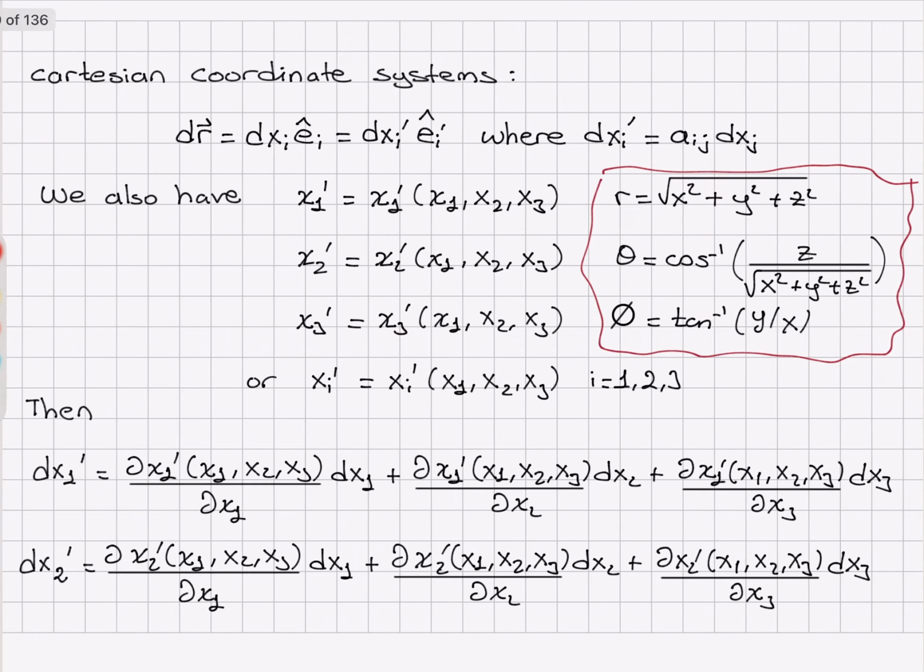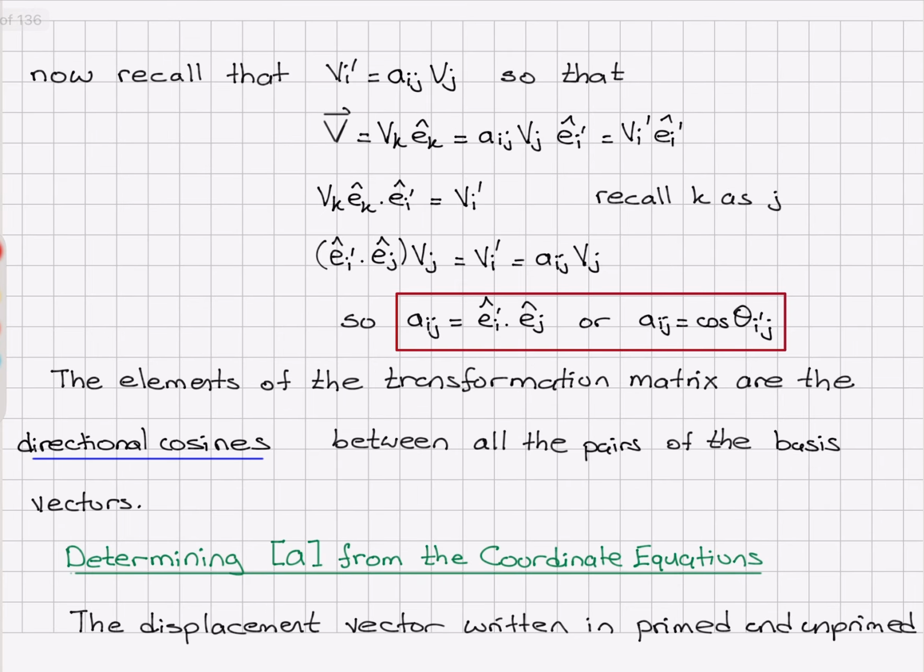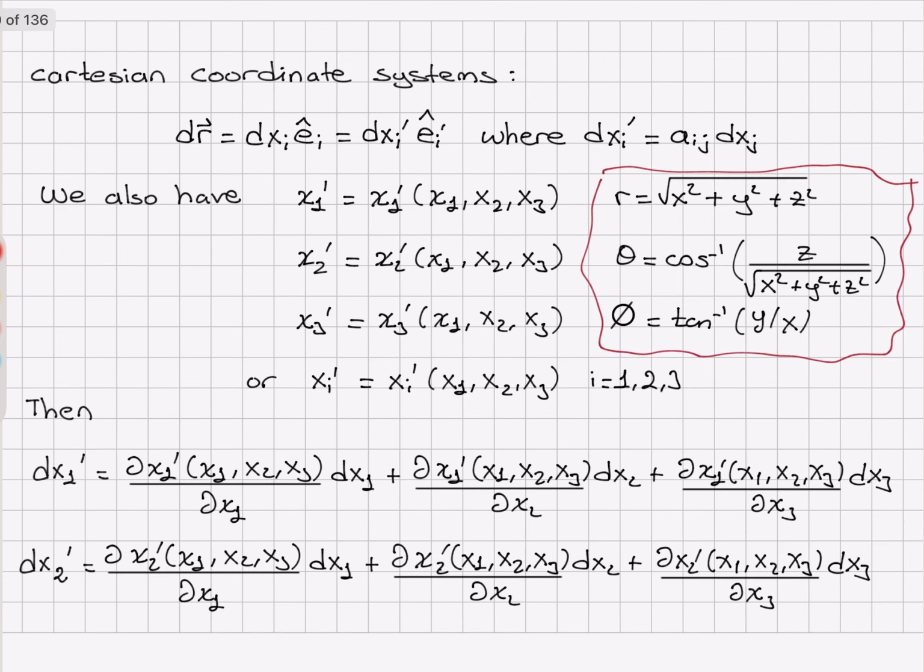So here we have gone through the exercise of determining the transformation matrix elements, which we realized could be obtained by taking the dot product, or inner product, between ei prime hat and ej hat. When I go between two Cartesian coordinate systems, unprimed and primed, I could also determine the transformation matrix elements from coordinate equations, which I realized when I wrote the displacement vector dxi ei hat and dxi prime ei prime hat.